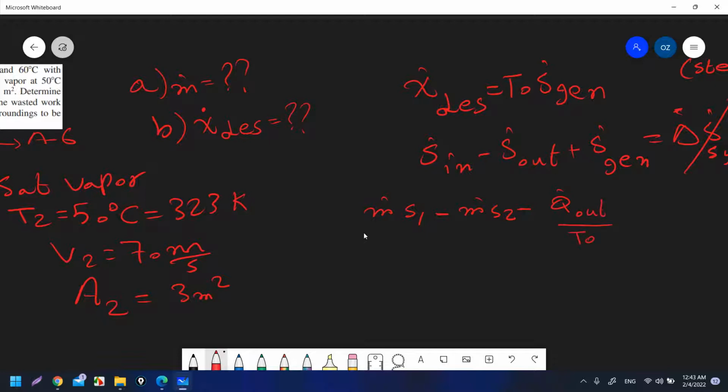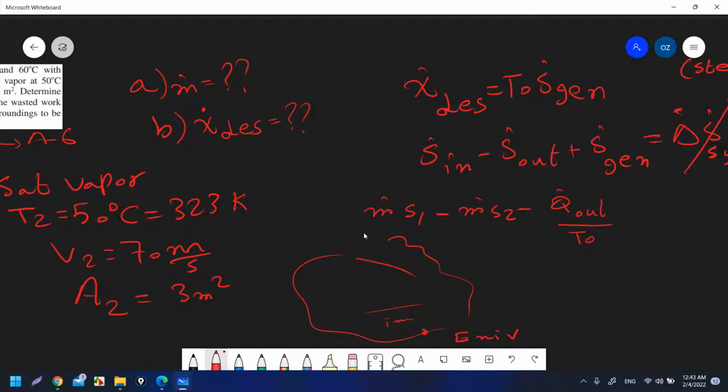I calculate at the line between the immediate surrounding and the environment. Like the previous question, that's the diffuser. Around the diffuser there is the immediate surrounding, and I'm calculating at this point. Here is the environment.